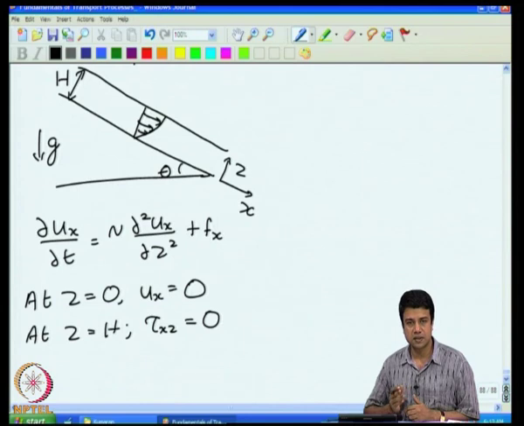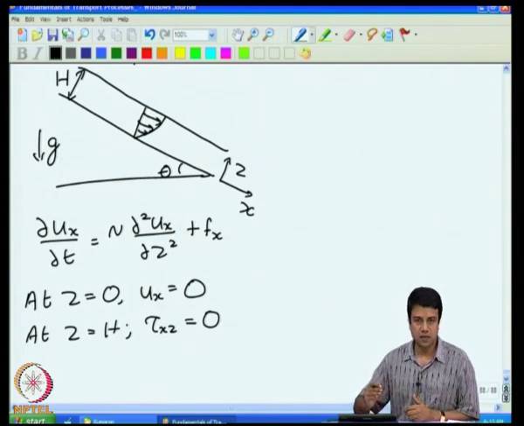That means that the shear stress that is exerted in the gas is small compared to the internal stresses within the liquid. So, as you approach the interface from the bottom, you require that the internal stresses in the liquid should go to 0, so that they match with the stress in the gas.